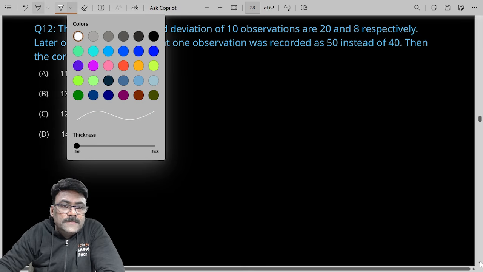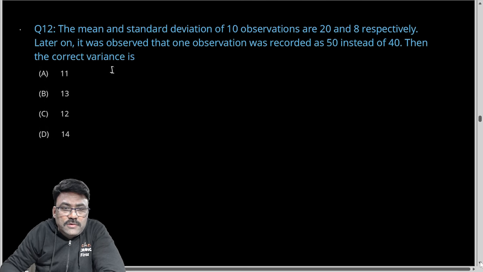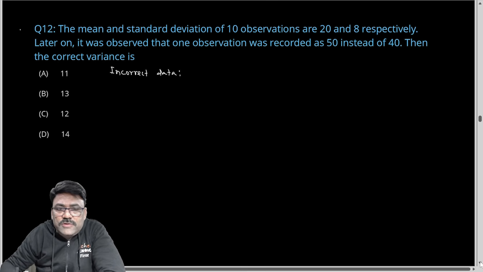So let's first calculate for the incorrect data. Mean is 20. So mean is sigma x by n. How many observations? 10 observations. And the mean is 20 here.